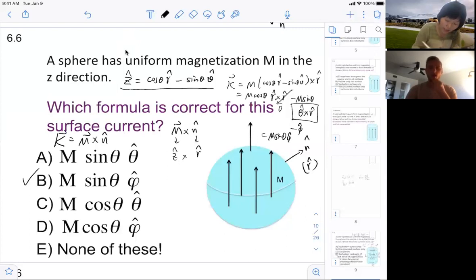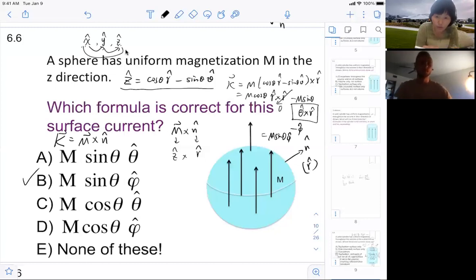The way I remember how these different cross products go is I write them in this order: x, y, z, right? x cross y is z, y cross z is x, and z cross x is y. Or you can draw your x, y, z and do your right hand rule with your hand to see. The same goes for r, theta, and phi hat.